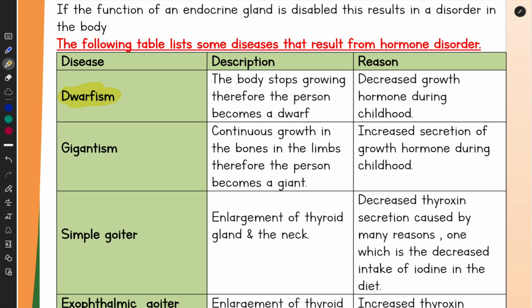The body stops growing, therefore the person becomes a dwarf. The reason is a decrease in the growth hormone during childhood. Gigantism. What about gigantism? From its name, the human becomes giant. There is spontaneous growth in the bones of the limbs, therefore the person becomes a giant. The reason is an increase in the secretion of growth hormone during childhood.